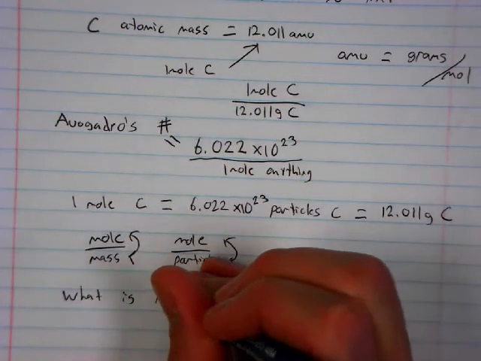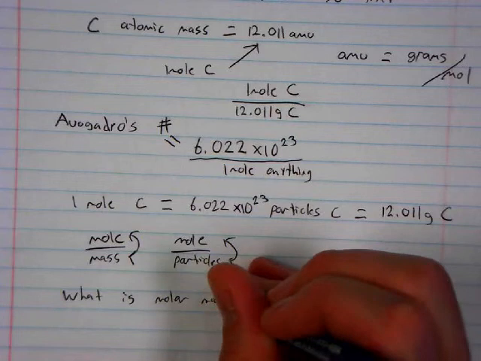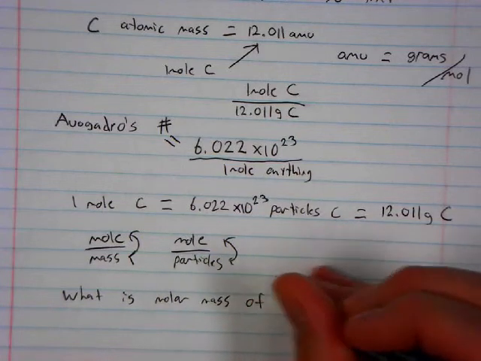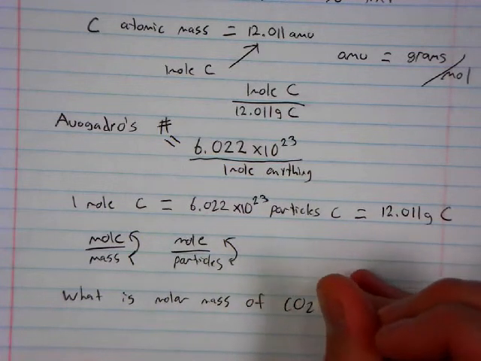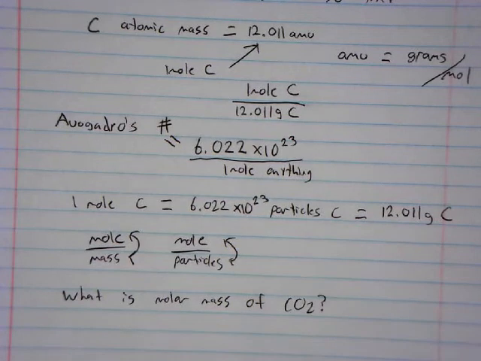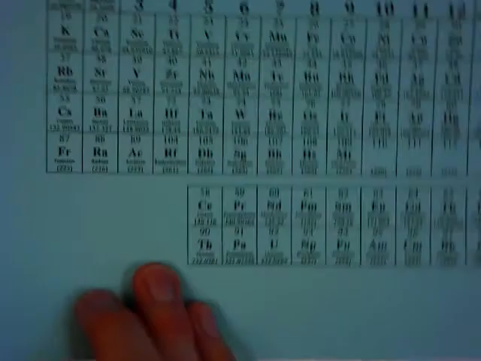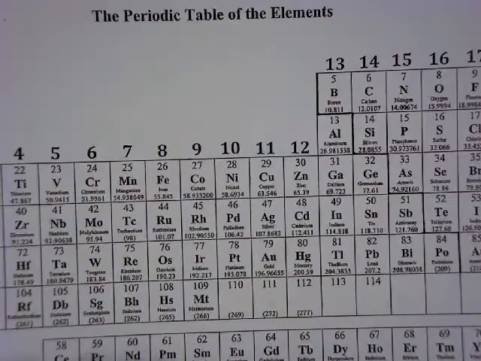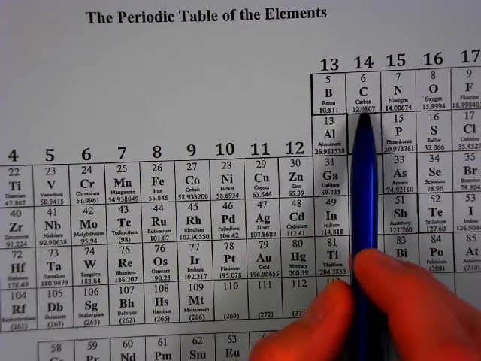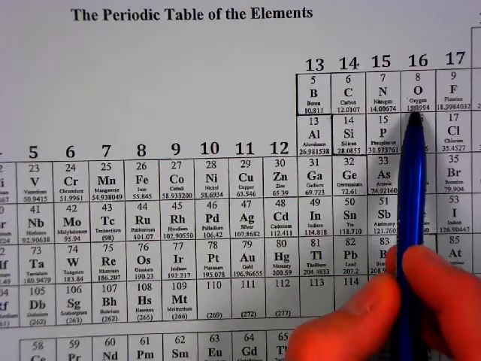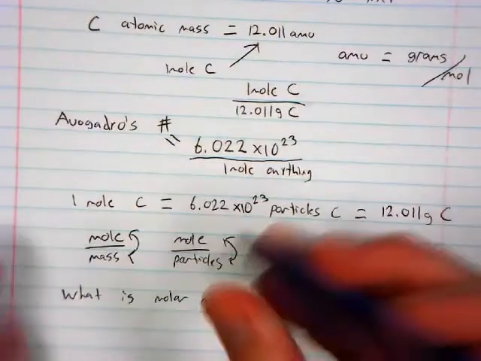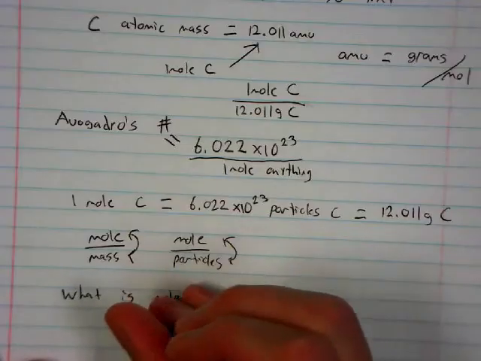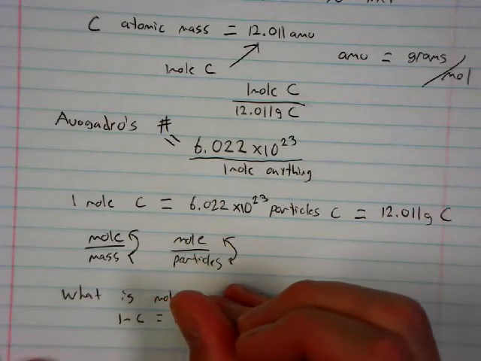So I could ask you something like, what is the molar mass of CO2? So you'd have to use your periodic table and add up all of your stuff. 1 carbon and 2 oxygens.